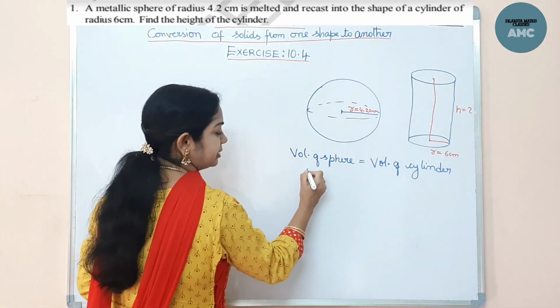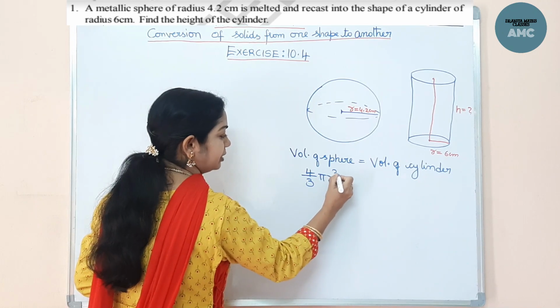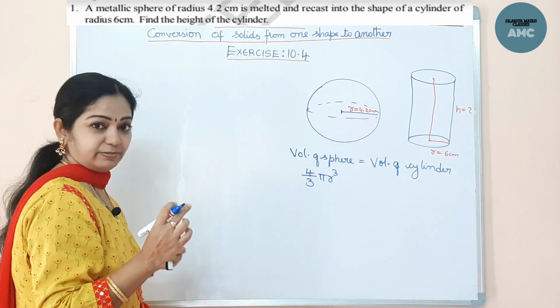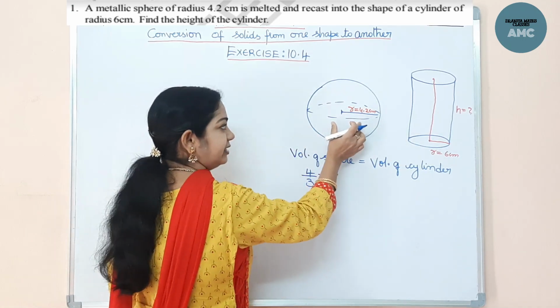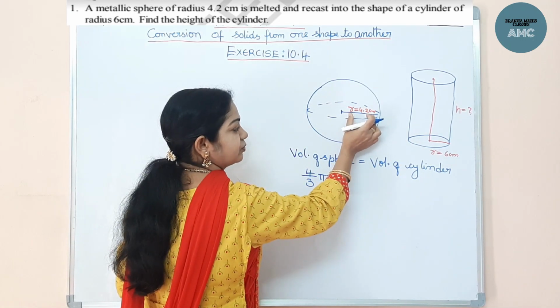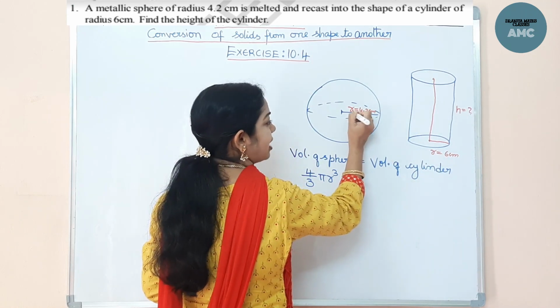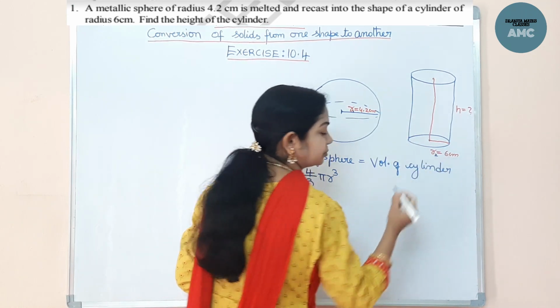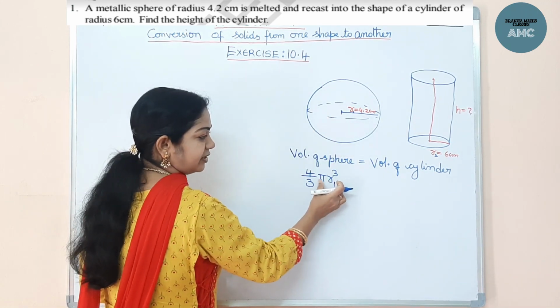Now the volume of sphere is 4 by 3 pi r cube. Here one thing we have to remember, the radii are not the same. They are having different radii. This radius is 4.2, this is 6 centimeters. Let me name this as R1 and this as R2, right? So for the sphere I am taking it as R1.